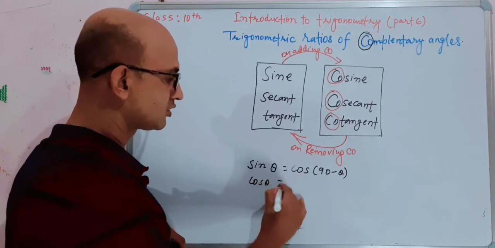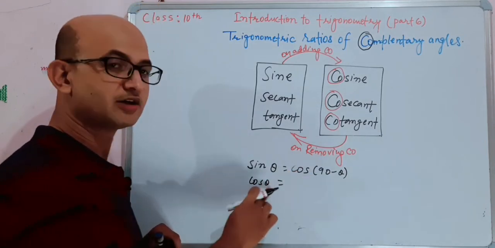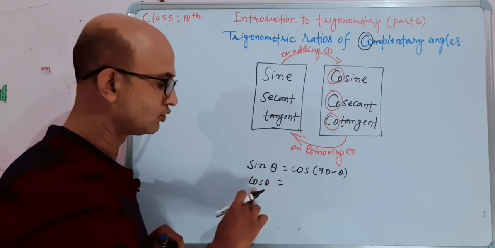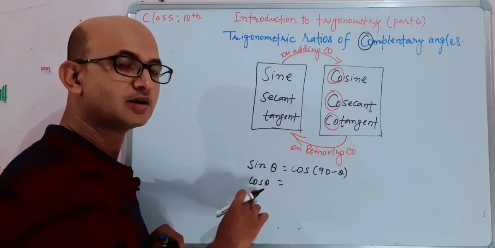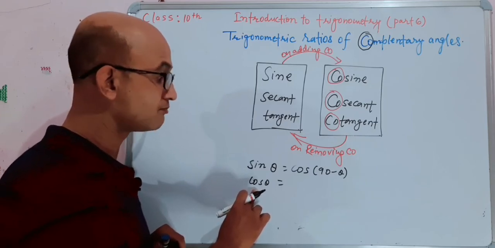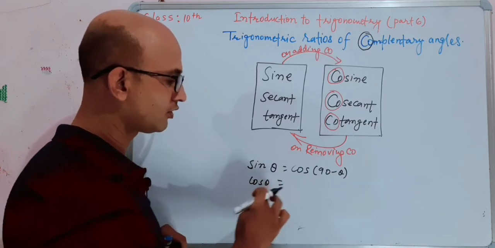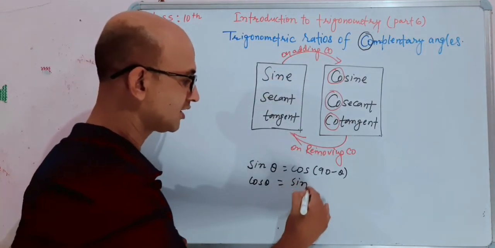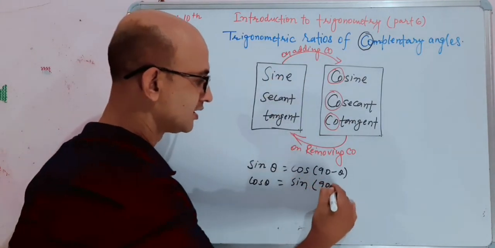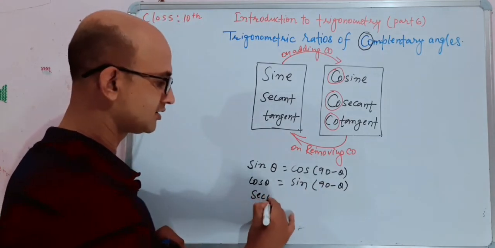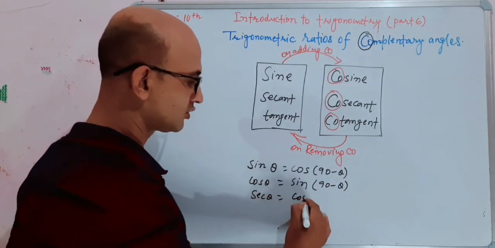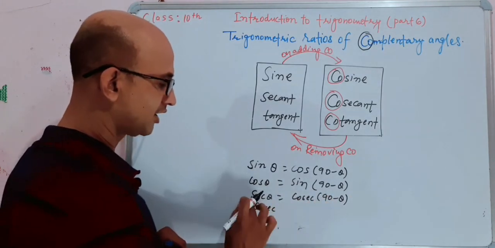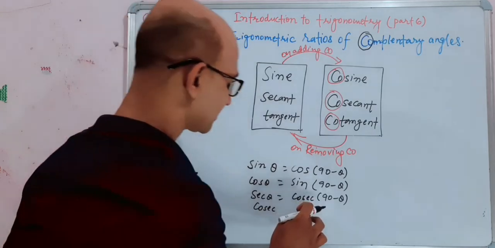Now find cos theta equals to, since trigonometric ratio cos is a trigonometric ratio having name with co, its complementary will be a trigonometric ratio having name without co. So remove CO from it. On removing CO from it, we get sine. So we write here sine, and complementary of theta is 90 minus theta. Similarly, we get sec theta equals cosec 90 minus theta by adding co with sec.